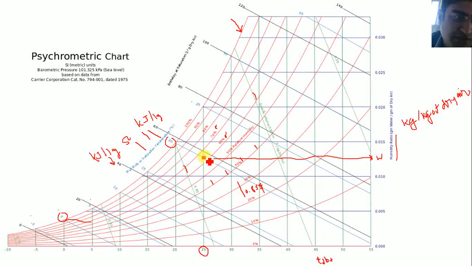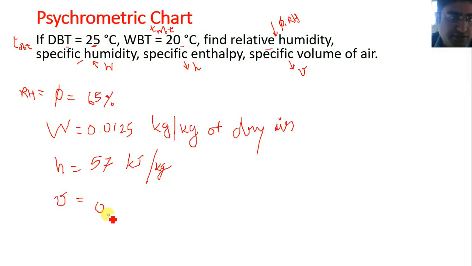So on this point the value of specific volume is near about 0.87 or 0.88. So it is between 0.87 and 0.88, so it is equal to 0.875 meter cube per kg of dry air.